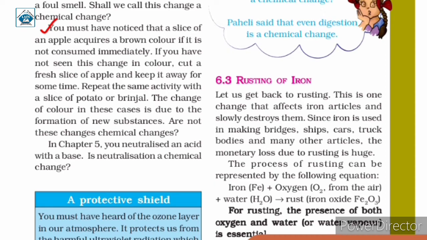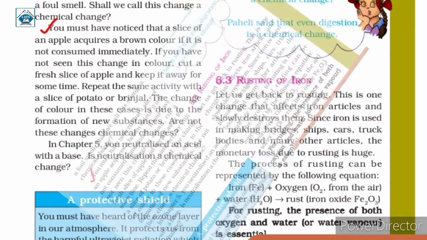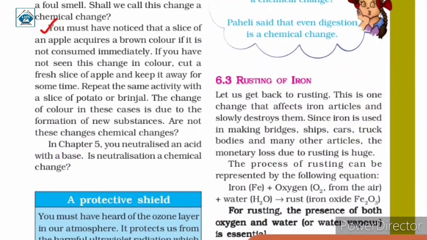Are not these changes chemical changes? Now, when a freshly cut apple is kept away in open for some time, it acquires a brown color, which is not the original color of the apple. The same happens with a slice of potato. In this case, there is a change in color, which is again a chemical change.